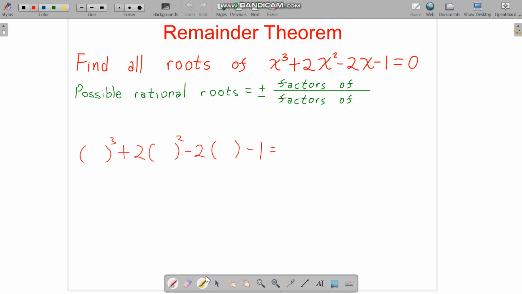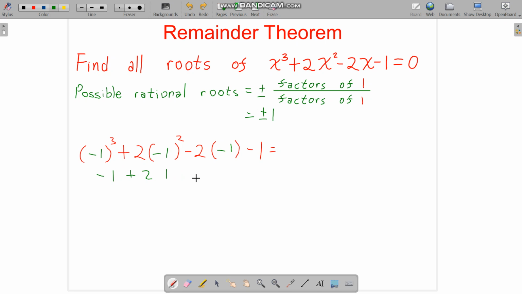Right, next example. Again, we try the possible roots, factors of 1 over factors of 1. So it's only plus minus 1. We have only two possible rational roots. If we plug in minus 1, we get minus 1 plus 2 plus 2 minus 1.